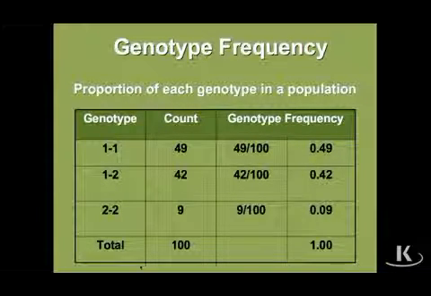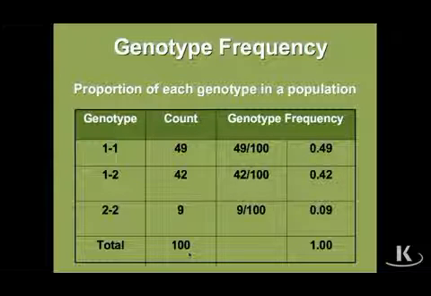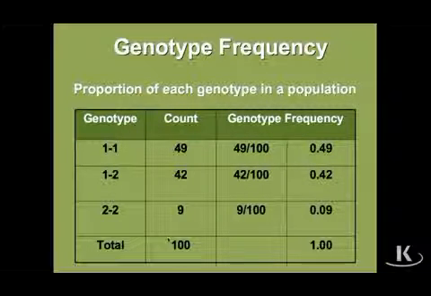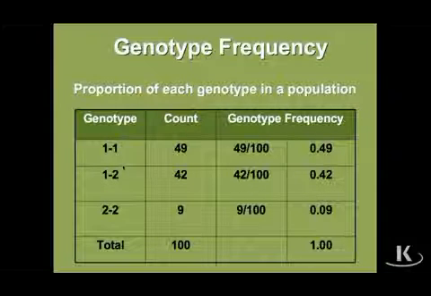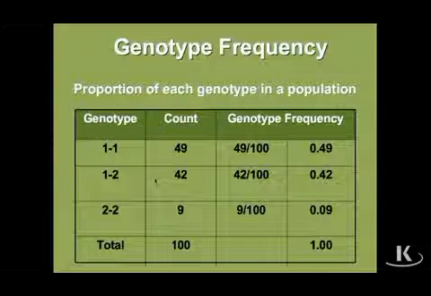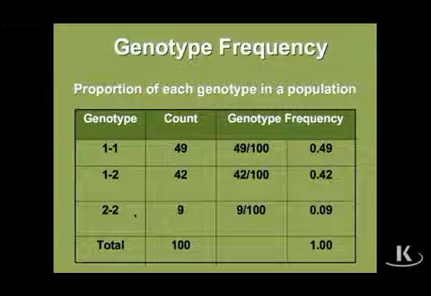There are 100 people in this population, and count means how many people they identified as having each of the possible genotypes when they ran the Southern blots. By Southern blotting, they found 49 of those 100 people were homozygous 1-1, 42 of the people were heterozygous, and 9 of them were homozygous 2-2.